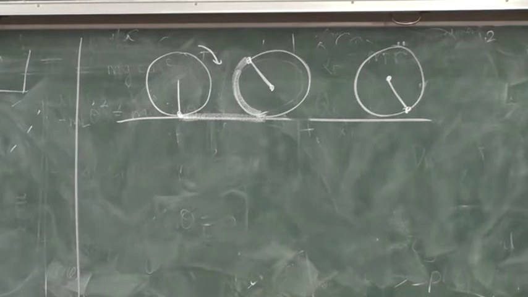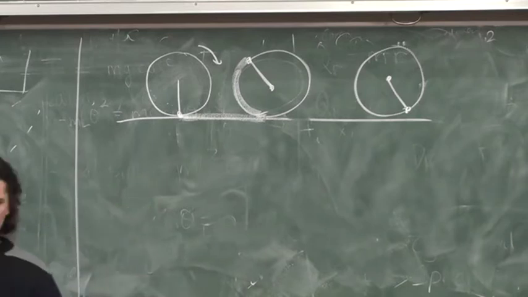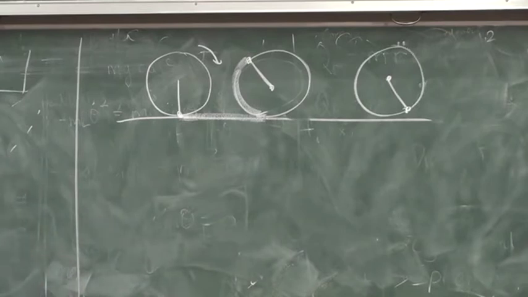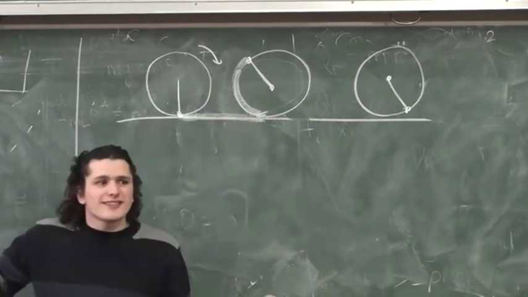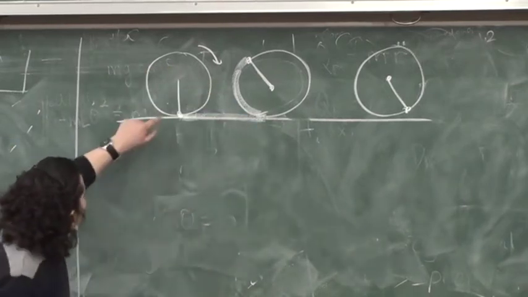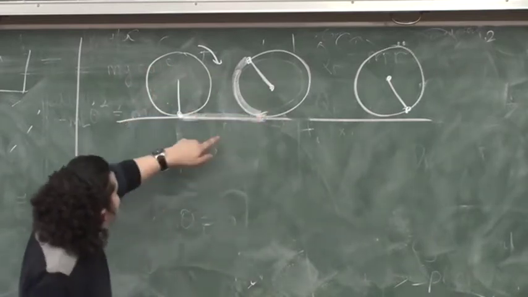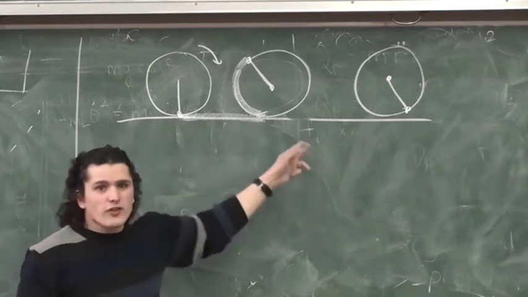No. As I roll a circle along, I can derive this mathematically. I was hoping that it would look intuitively obvious, but I may have to derive this mathematically. But as I roll a circle along the ground, if I'm not slipping it, I expect that the distance I cover along the circle that is rolled along the ground is the same as the distance that is covered on the ground.